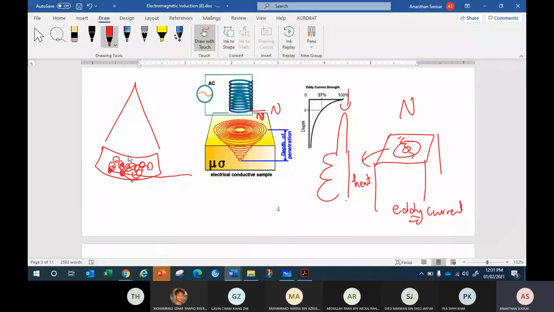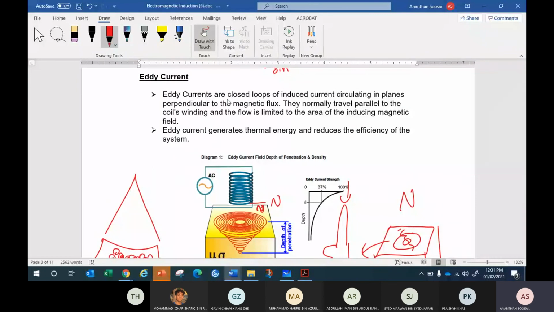Okay, so that's why eddy current is normally closely linked to heat, and heat will reduce the efficiency of the system. That's what's stated here. Eddy currents are closed loops of induced current circulating in a plane perpendicular to the magnetic flux. They normally travel parallel to the coil winding, and the flow is limited to the area of the inducing magnetic field.